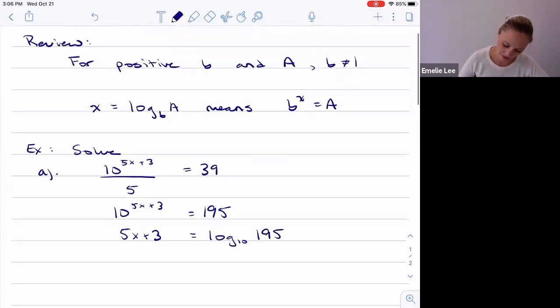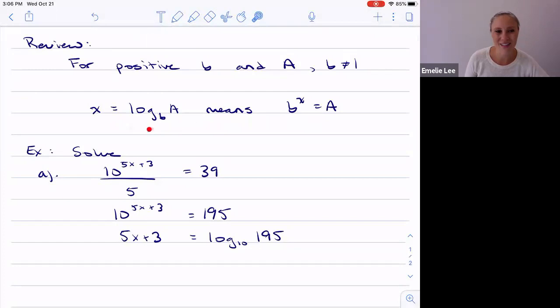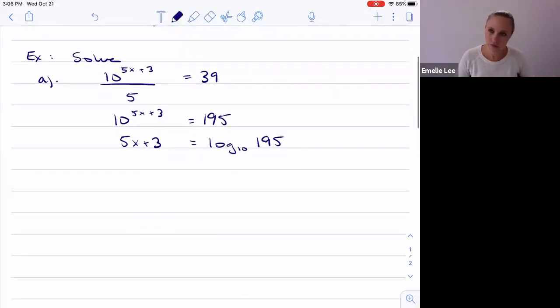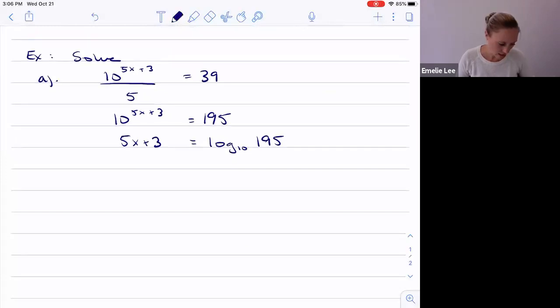So definitely worth having these on your cheat sheet, because that's how we're going to move between the exponents and the logs. Now that I've brought this x downstairs, we're back to basics, right? Even though we've got this log base 10 of 195, that's just a number. This is the exact form of that number. You can use your calculator, calculator app, whatever.